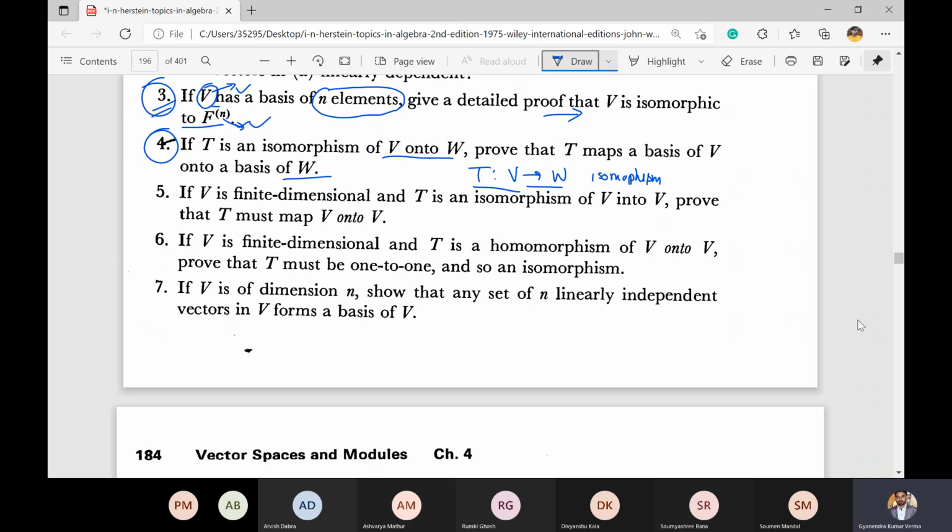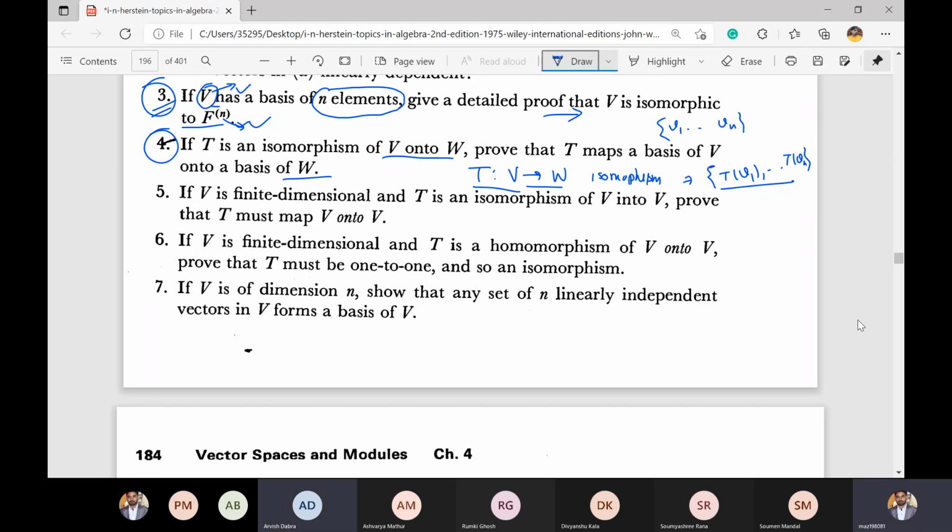Has anyone tried this question? So basically, if we have a basis of V, like V1, V2, ..., Vn, then the claim is that TV1, TV2, ..., TVn will be a basis for W. Yes. So you have to show two things: one, these are linearly independent, and second, this spans W. Is it correct?